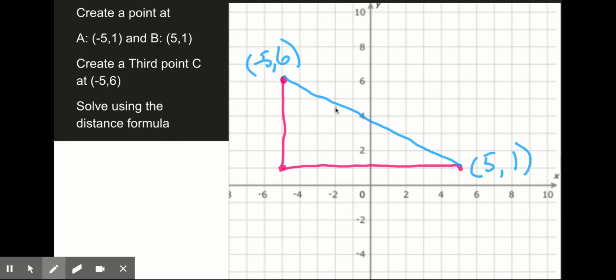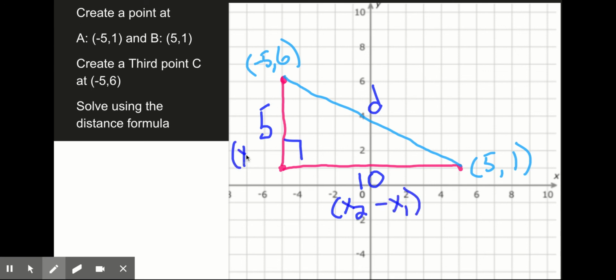Or now that I've shown you the relationship between the two, you could say, wait. How much did I go up from 1 to 6? 5. How much did I go over from -5 to +5? 10. So this distance is really the hypotenuse of this right triangle, right? This is your x2 minus x1.